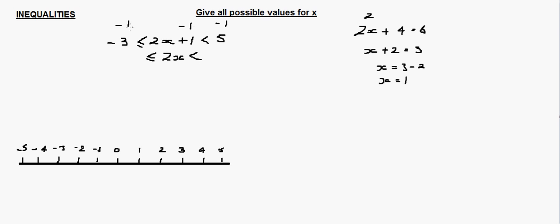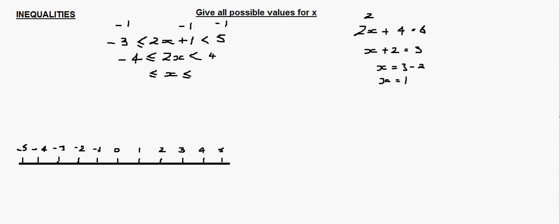So minus 1 minus 3 is minus 4. Minus 1 plus 5 would be 4. So you can see now that this plus 1 has disappeared, and I've also taken it through the whole statement. Now it's just simple because we've got 2x. Now we only want x. Okay.